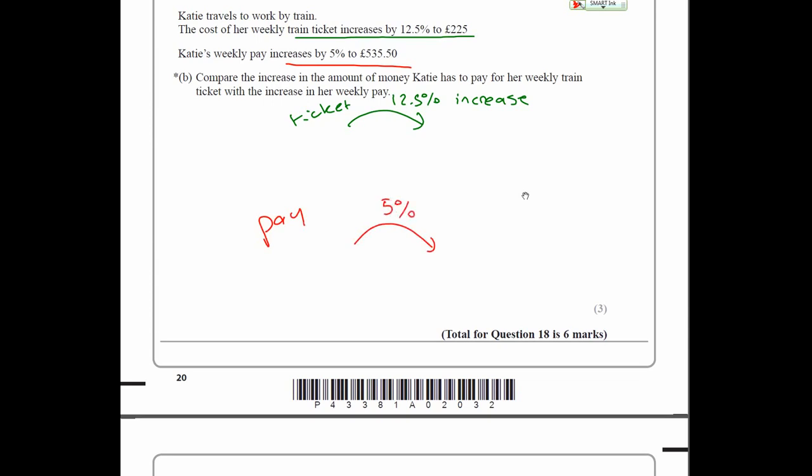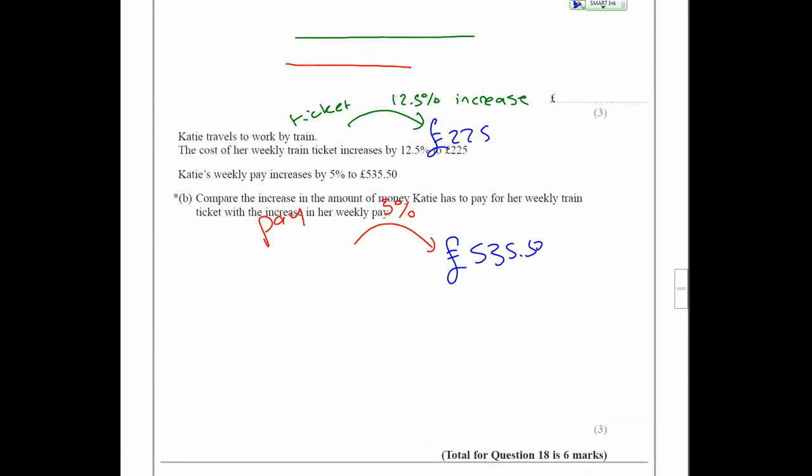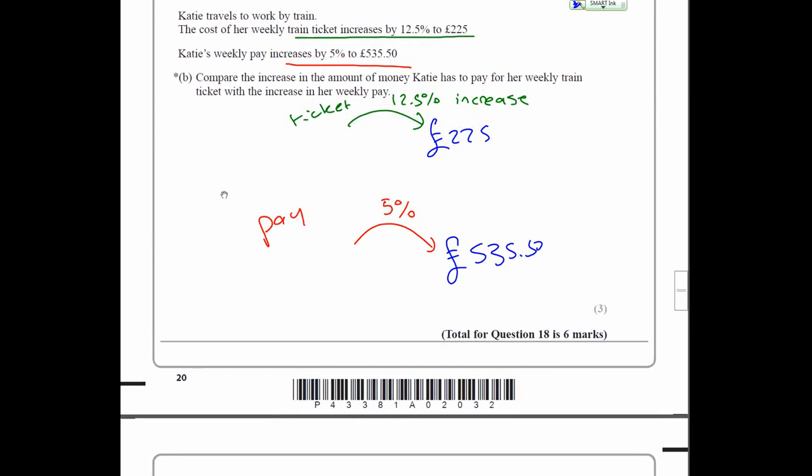And the amount we get to is £535.50. And here we get to £225. What was it? Is that all the information we're given? Compare the increase in the amount of money Katie has to pay. Okay, so it's gone up by 12.5% to £225.